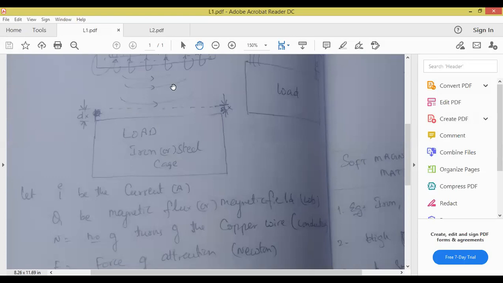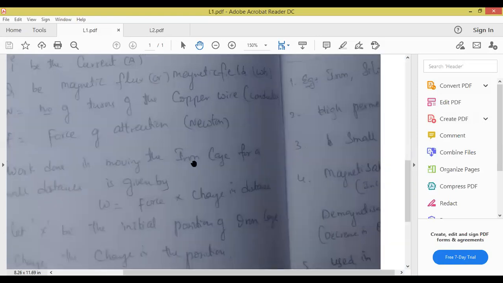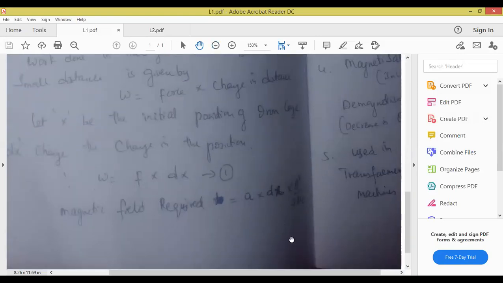So here magnetic energy is occupying certain space. The space occupied by magnetic energy is given by magnetic field density. Now I am saying that magnetic energy is occupying the entire iron cage. Magnetic energy is moving this iron cage, which means mathematically we have to use the word, the amount of magnetic field is B square by 2 into mu naught. What is mu naught? Permeability. Permeability definition, anyone tell me?